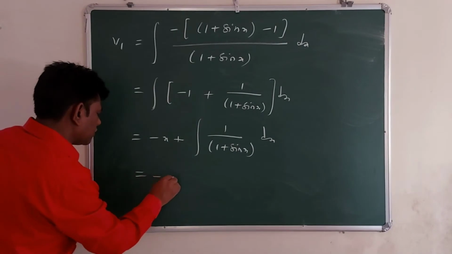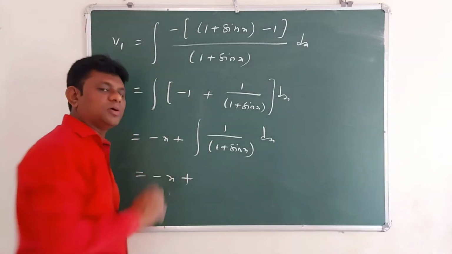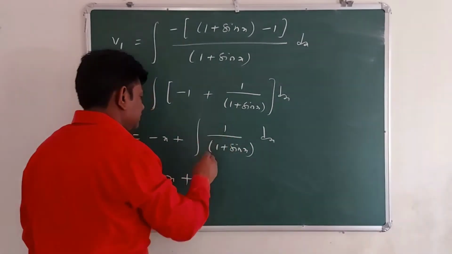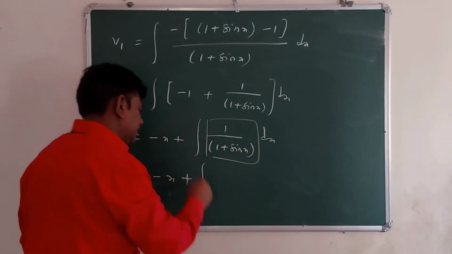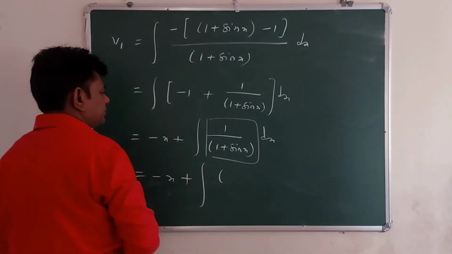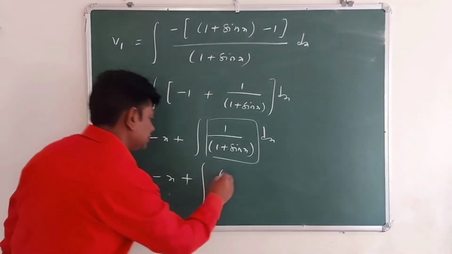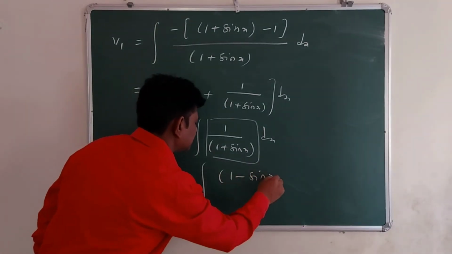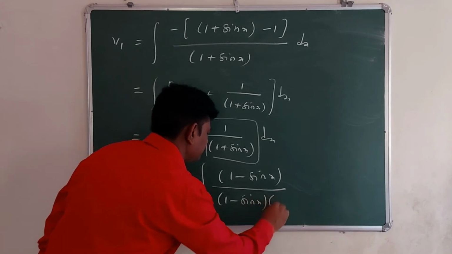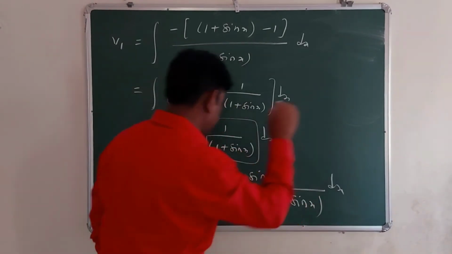This is equal to minus x plus now the integration of 1 upon 1 plus sin x. Now we write this 1 upon 1 plus sin x like this, multiplying and dividing by 1 minus sin x. So 1 minus sin x upon 1 minus sin x times 1 plus sin x dx.